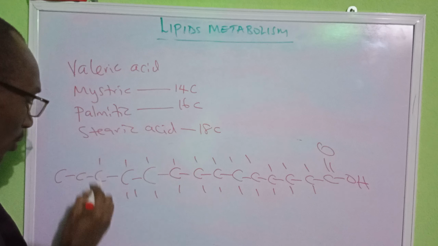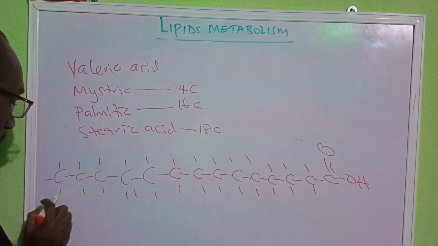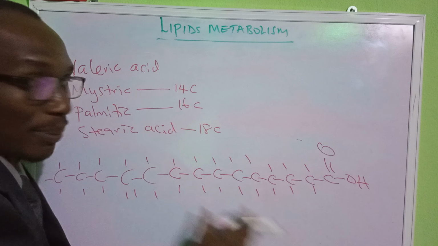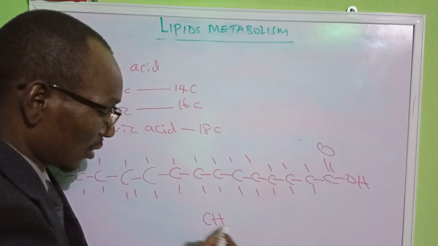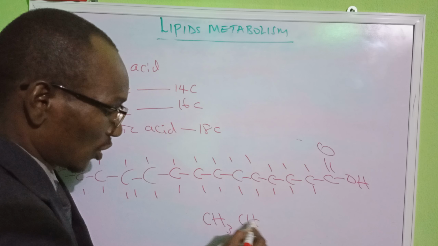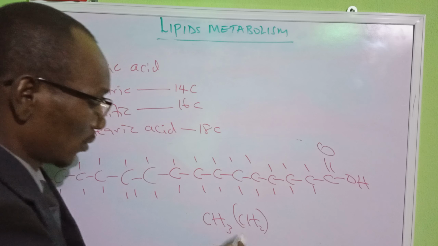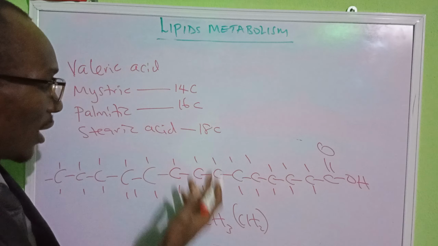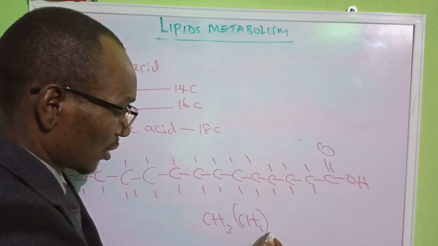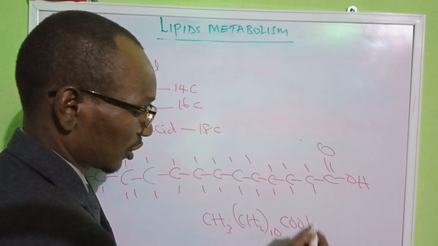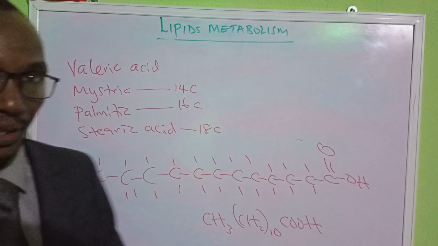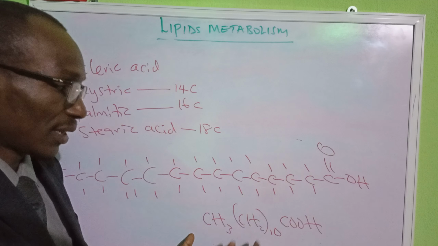So to minimize this, you can represent it in this form: the CH3, CH2, since it is 14 carbon atoms, of course this can be 10, then COOH, to minimize the expression. It's also another form of writing this.